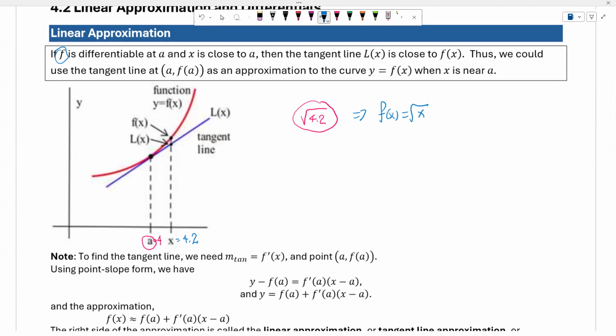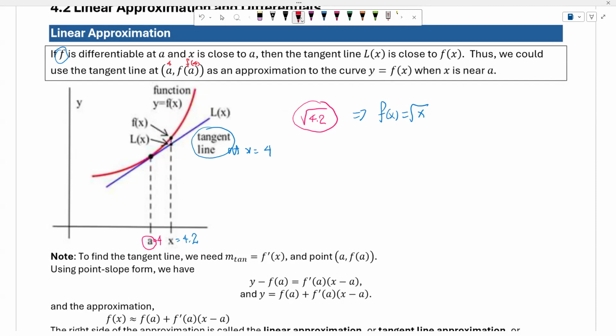This L of x is basically the tangent line at x equal to 4. Thus, we use the tangent line at a, f of a, which in this case is 4, f of 4, as an approximation to the curve y equal to f of x when x is near a.